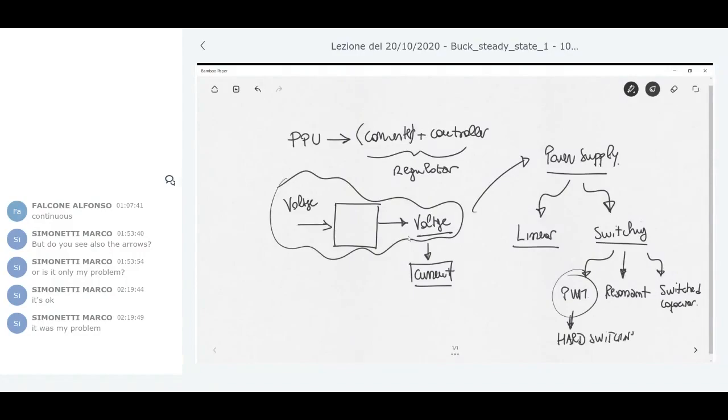What is the characteristic of these kinds of switching regulators? The fact that voltages in these pulse width modulated switching regulators are always rectangular waveforms.